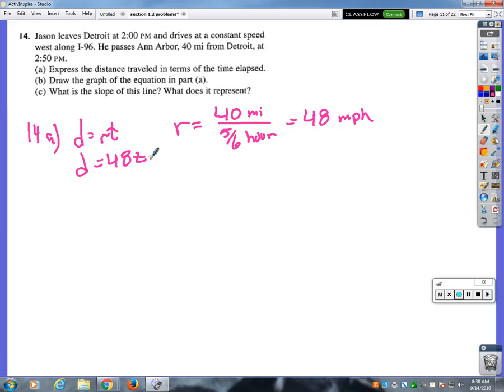So then you have to draw the graph. What's the slope? The speed at which he moves. So what is it? 48 miles. And what does it represent? His speed, miles per hour.